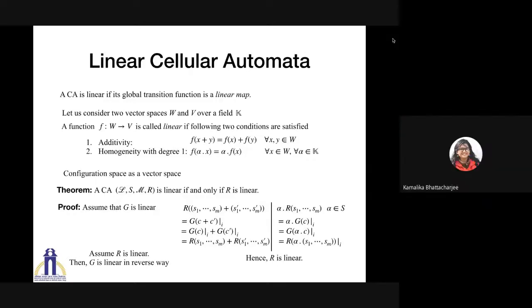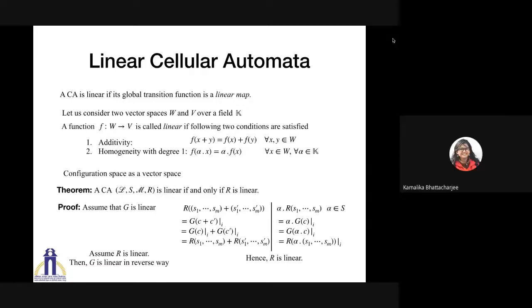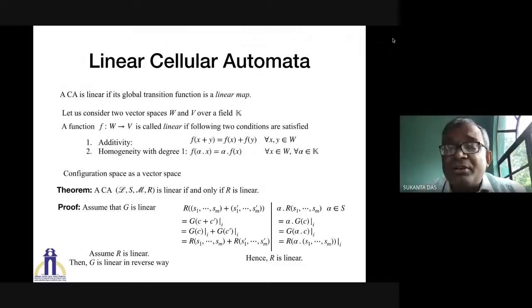Sir, if you can give one example of a linear CA, maybe an ECA, then it will be more useful. If you give one example of a linear CA and how it works, at least one ECA which is linear, then it will probably be more understandable. Okay. Should I do that one?